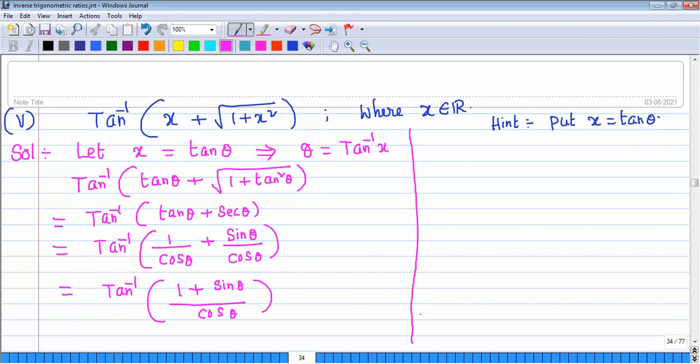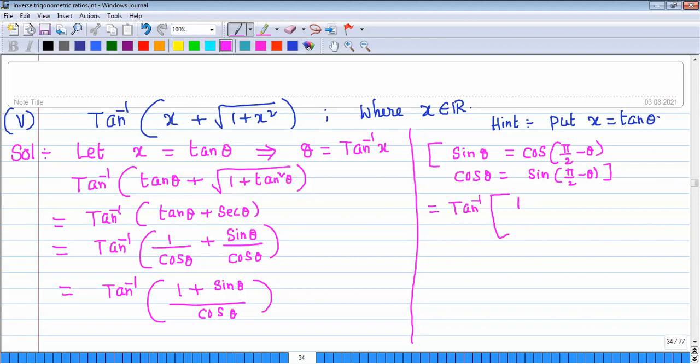So we have the formula: sin theta equals cos of 90 minus theta, and cos theta equals sin of 90 minus theta. So this is tan inverse of, in the place of sin, cos pi by 2 minus theta, upon sin pi by 2 minus theta.